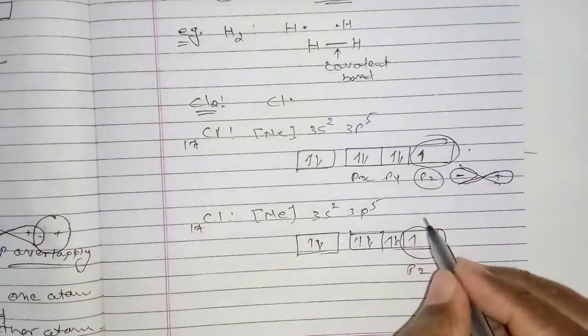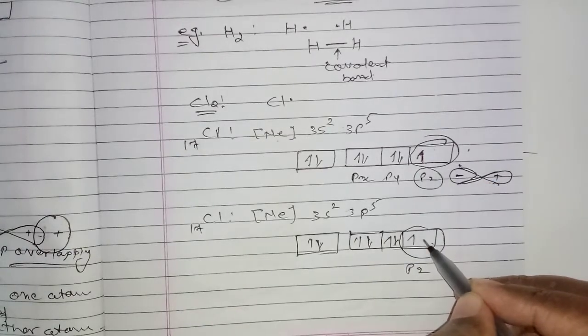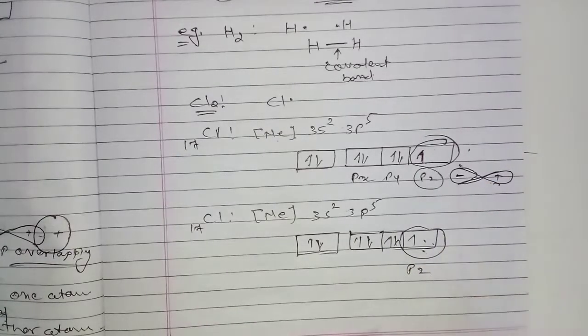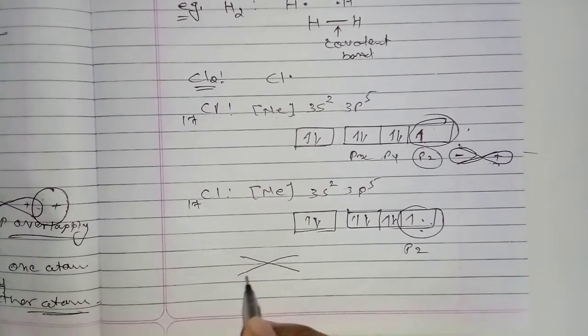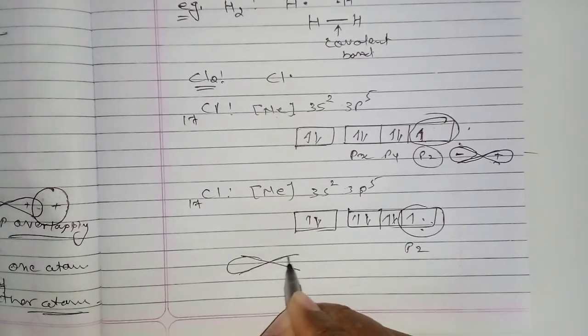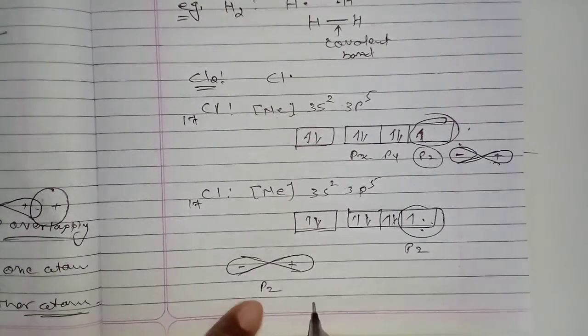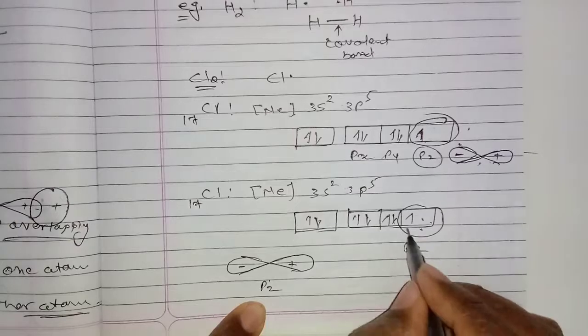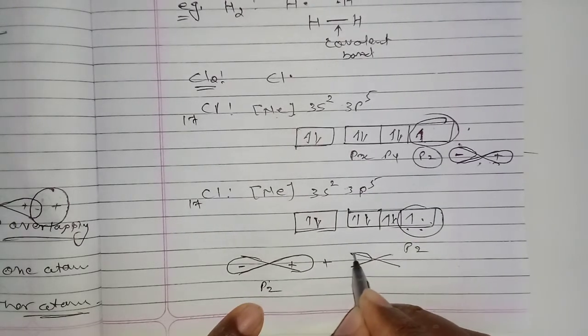So these half-filled pz orbitals overlap, and always there is overlapping of half-filled orbitals. In this case, end-to-end overlapping occurs. One pz orbital and another pz orbital overlap each other.